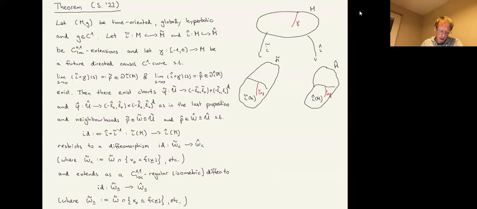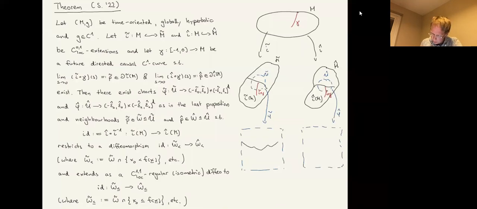Then by the previous proposition, I know that there exist these charts U tilde and U hat such that the boundary is given by a Lipschitz graph, like this, and that the curve lies below the graph.